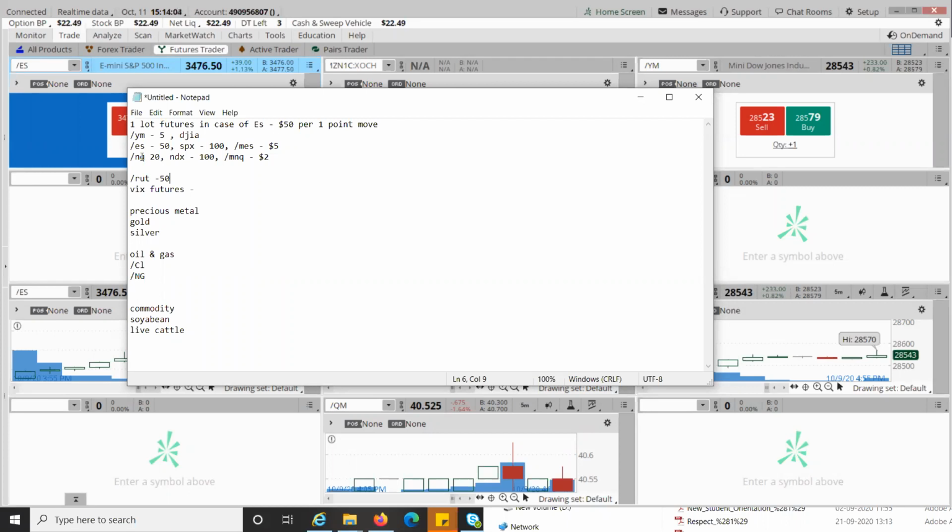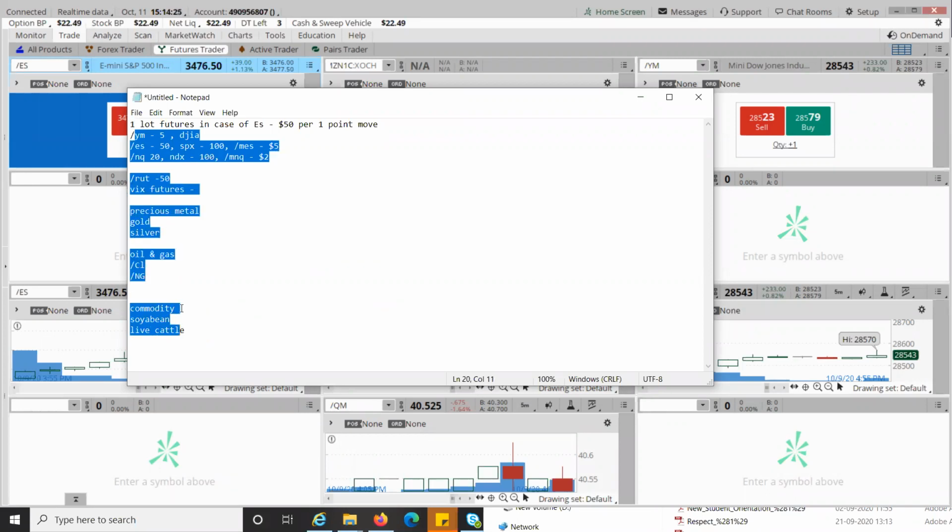But outside the market hours, they tend to behave using algos, and algos try to respect the technical levels. That's why I prefer ES and NQ outside the market hours. All right. Any questions on these points that you have not understood before I move into the details?